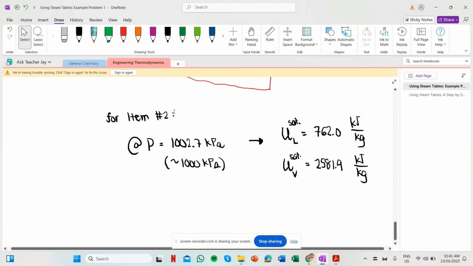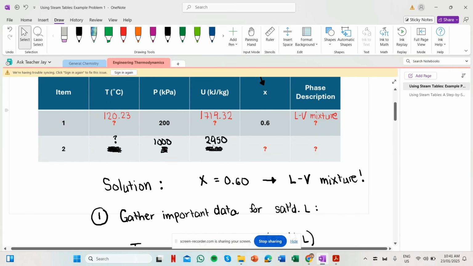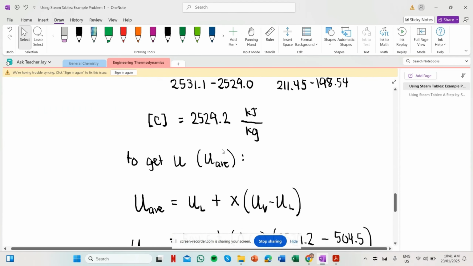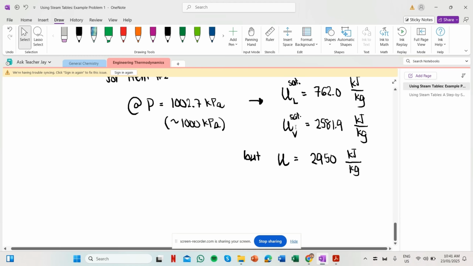But our internal energy data, based on the given information above, is 2950. So this is significantly greater in value compared to the highest value for the saturated vapor.